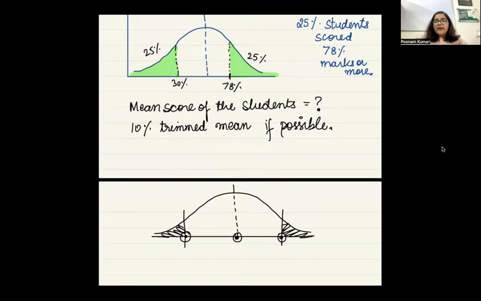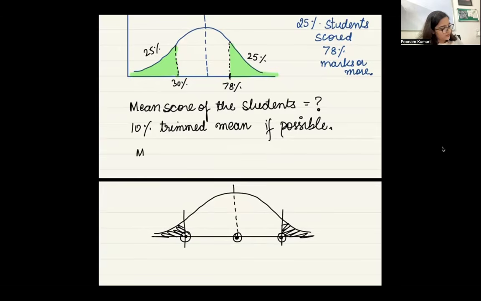But only if it is symmetric, you are going equal distances on both sides. So if you just take the average of these two, you will get the mean value. Is that all right? Yes, ma'am. So how do you find the average in this case? 78 plus 30 divided by 2. Exactly.